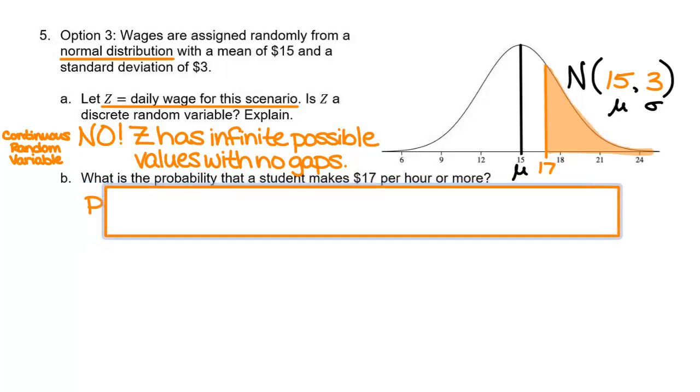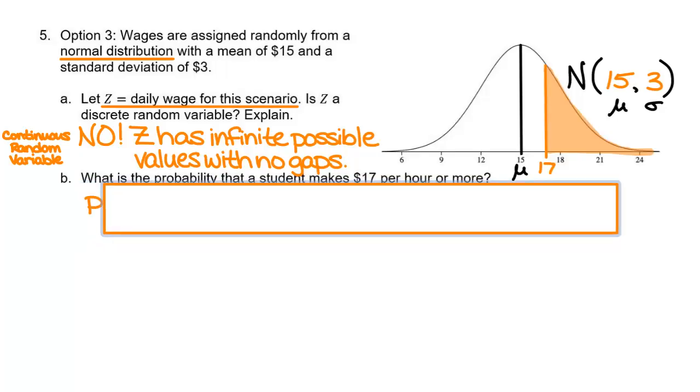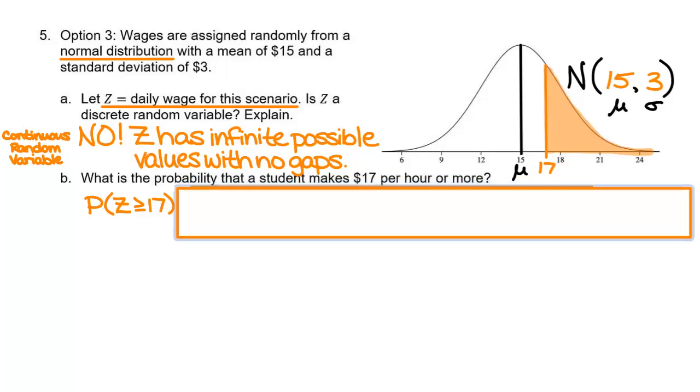Big capital P. And then in parentheses, I'm going to have the boundaries of what I have shaded. What's the farthest to the left that we have shaded? 17. And then from there, do we have a stopping place on the right? Nope, it goes to the edge of my graph. If my graph was made wider, it would continue going on. So probability that z, my random variable, is greater than 17.